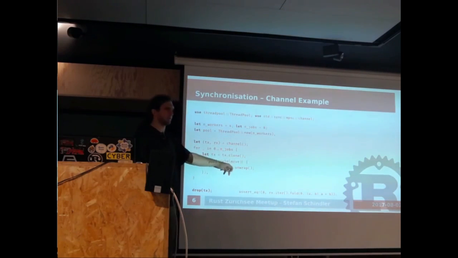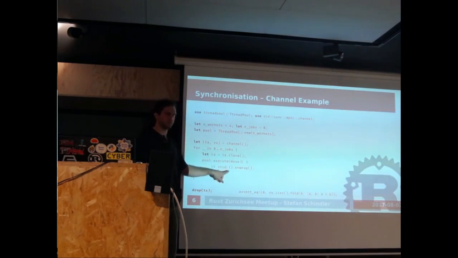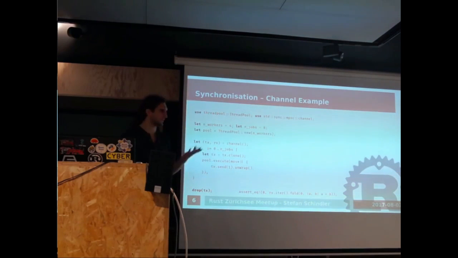And the move statement here says everything that's referenced in here that comes from out there will be moved inside, which technically means copy and then don't access it outside. So we create a sender copy for the channel, for each thread, and immediately send a 1, just the number 1.